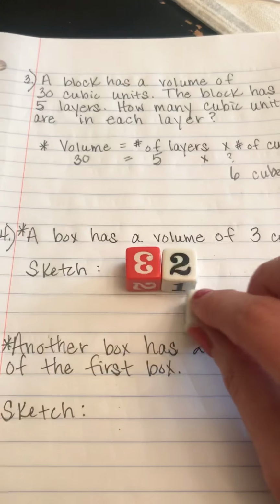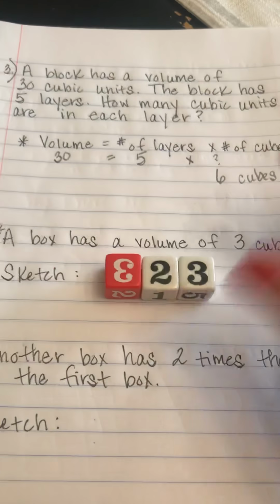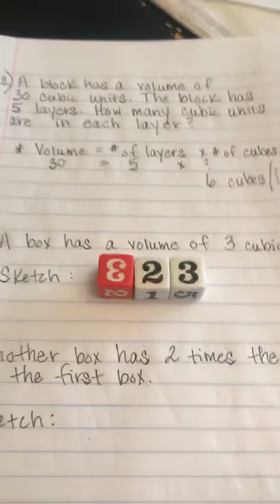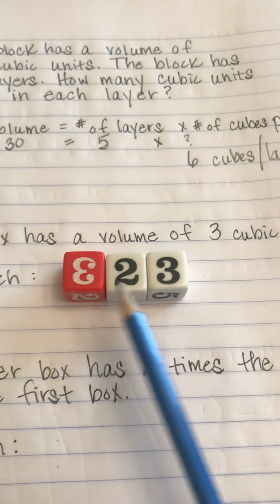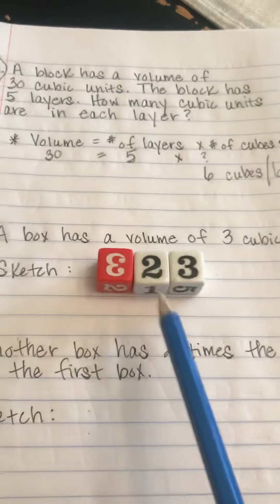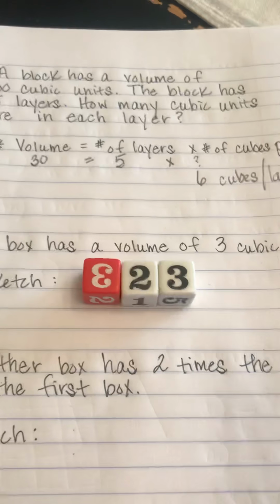So you want to make sure it's an actual rectangular prism. So the only way to arrange this would be just to do a row of 3. So this is a single layer, and each layer here has 3 cubes in it. So the volume is 3 cubic units because there are, guess how many cubes? 1, 2, 3. So there are 3 cubes here.